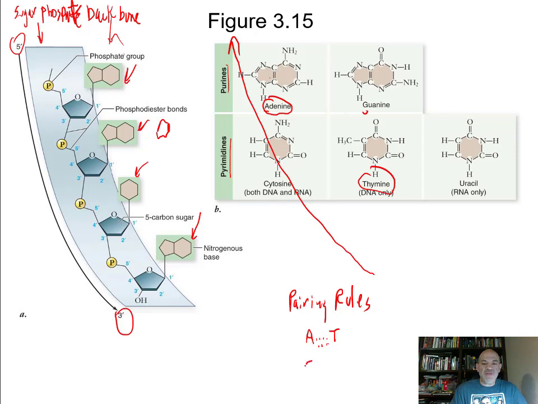And then it's always going to be C with G, and we're going to draw not 2 but 3 dashed lines. As you remember earlier, when we were talking about hydrogen bonding, we would draw dashed lines, and that's exactly what that is. Like with water molecules that form hydrogen bonds with each other, these nitrogenous bases can form hydrogen bonds or weak interactions.